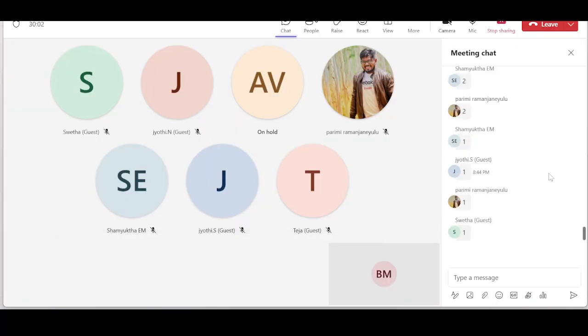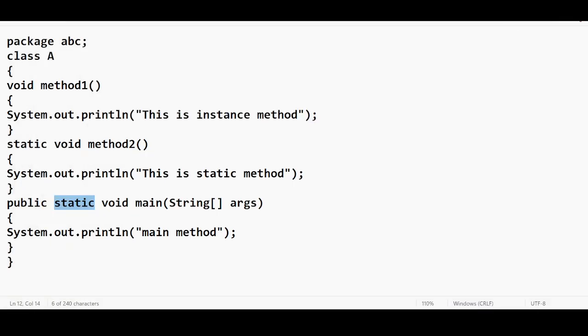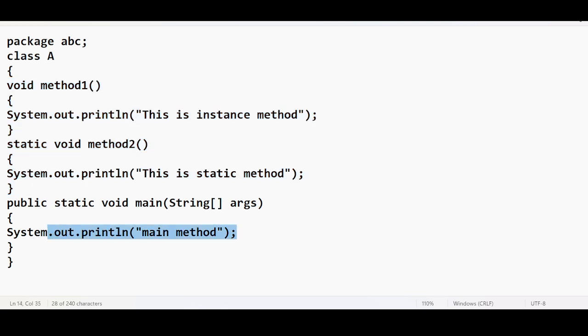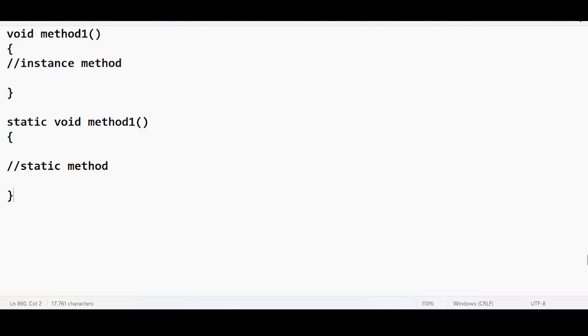The moment you look at a class, you should be in a position to differentiate between the methods. You may be coming across n number of methods. Why is that important? Because it depends upon this method whether this method could be called by creating an object or it can be called without creating an object. The Java theme says you can have static methods, but look at the ability of the static method.